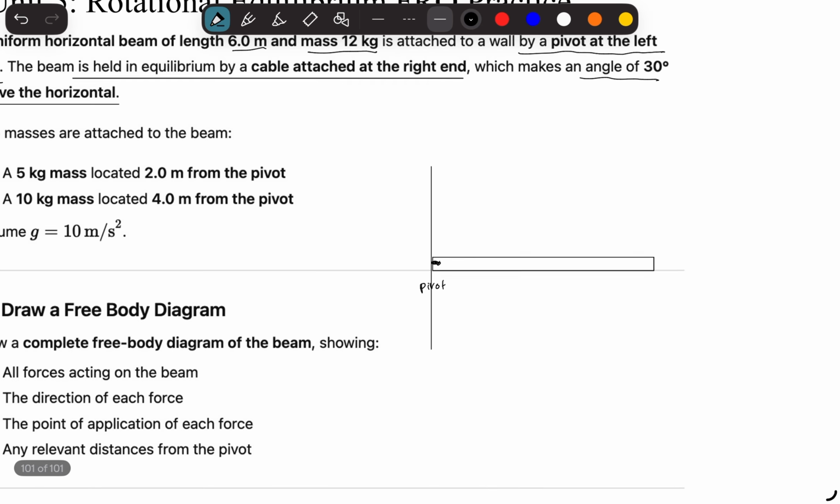Let's write down what we have. This length is 6.0 meters. Your mass of your beam is 12 kilograms. So your weight of your beam is going to be 12 times 10, because we assume it's just 10 here. That's going to be 120 newtons.